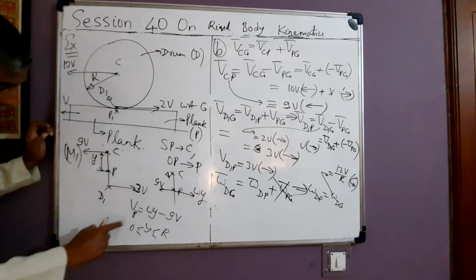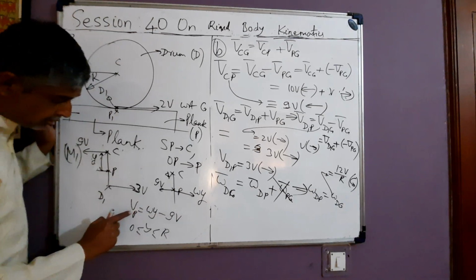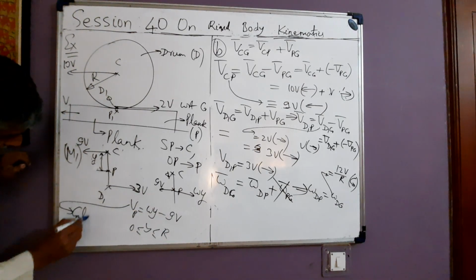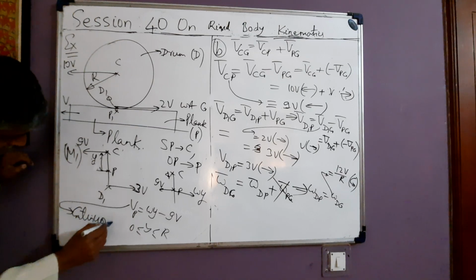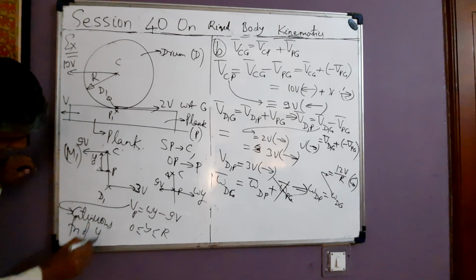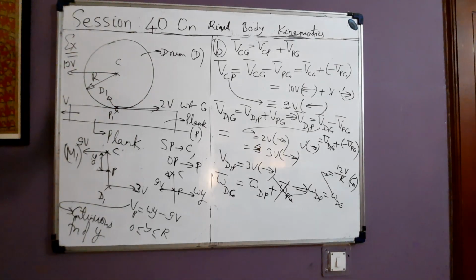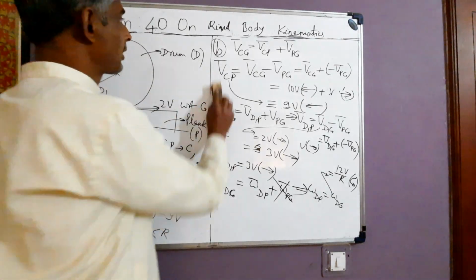Now see, VP is a linear function of y. That is, VP is a continuous function of y.